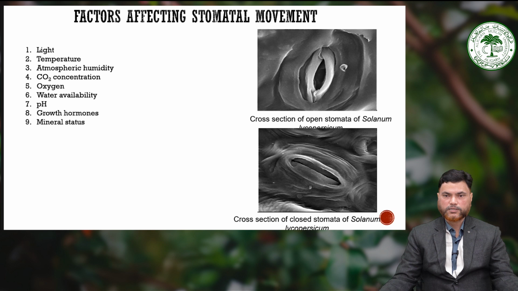Several other minerals are also essential for stomatal movements, like magnesium and calcium. So, these environmental factors basically interact to regulate stomatal movement, ensuring an optimal balance between water conservation and gas exchange for photosynthesis even in fluctuating environmental conditions.